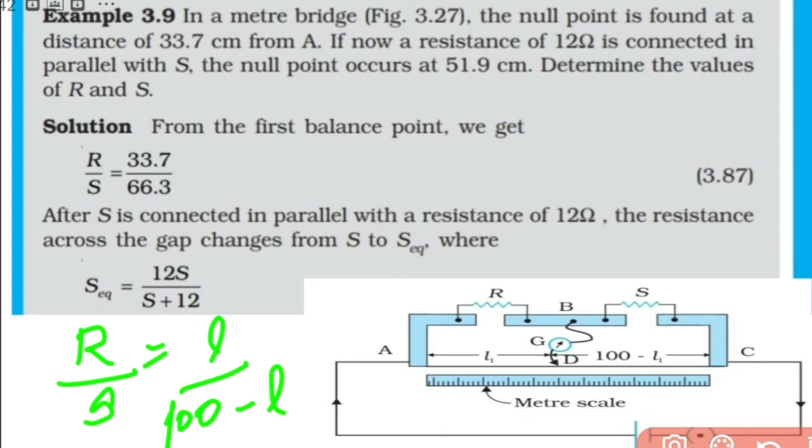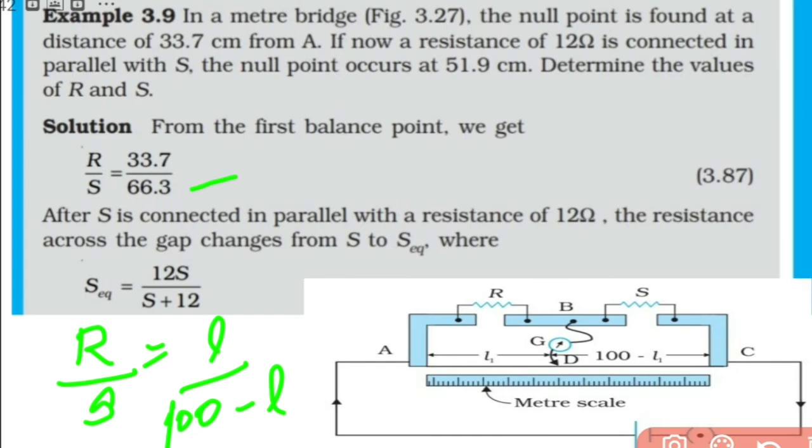So L is 33.7 and 100 minus L will be 66.3. So our expression becomes R by S is equal to 33.7 by 66.3. So we got the first equation.